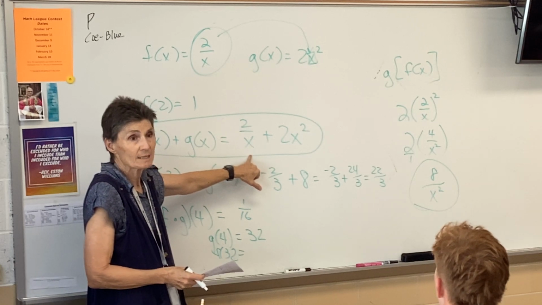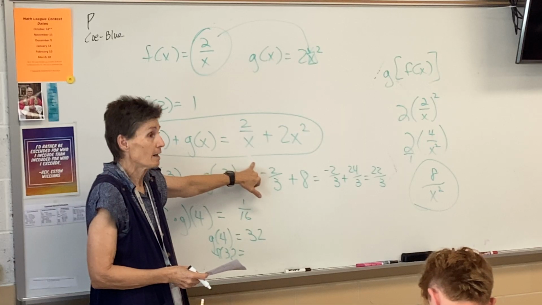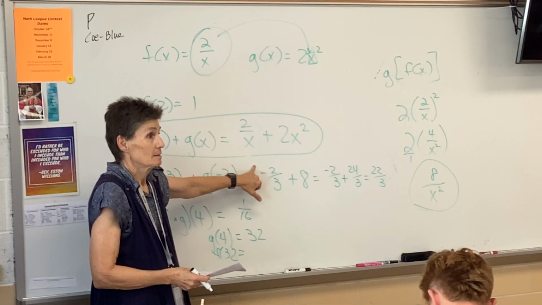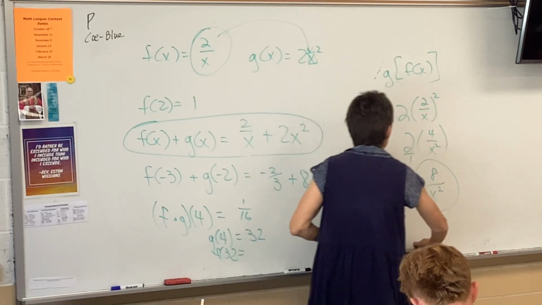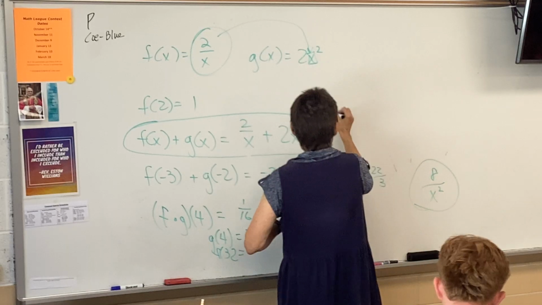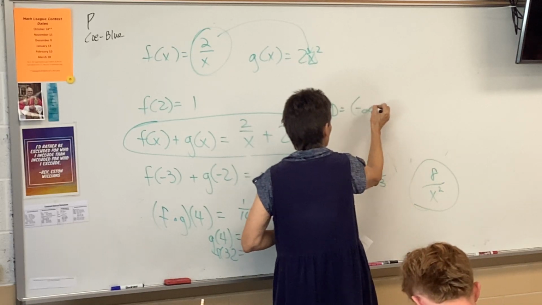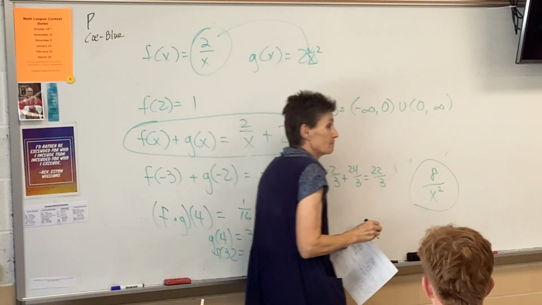And if we have a denominator, we are gonna have problems. X cannot be 0. So your domain, for this problem right here, is negative infinity to 0 and 0 to infinity.